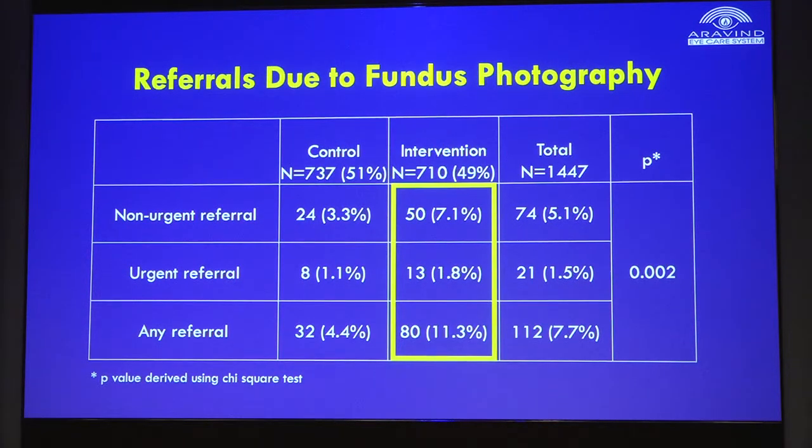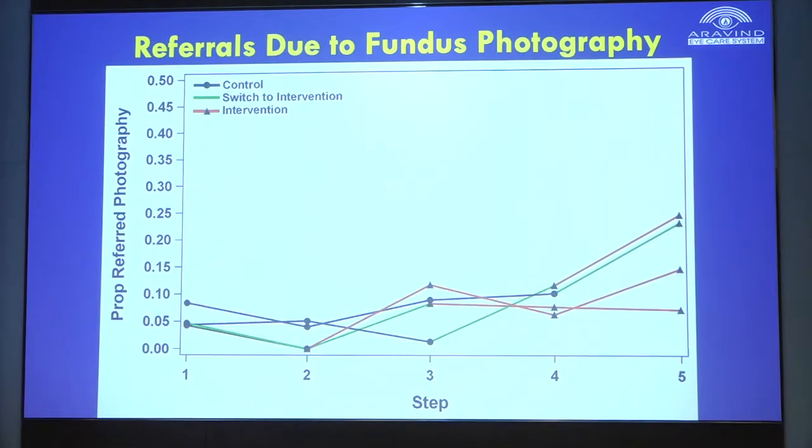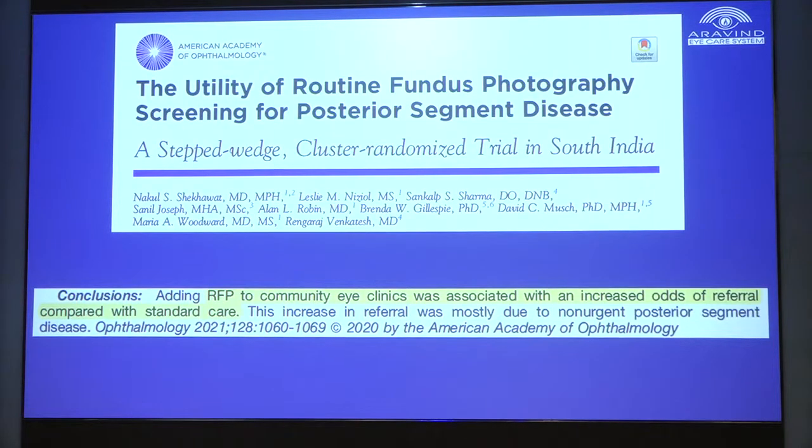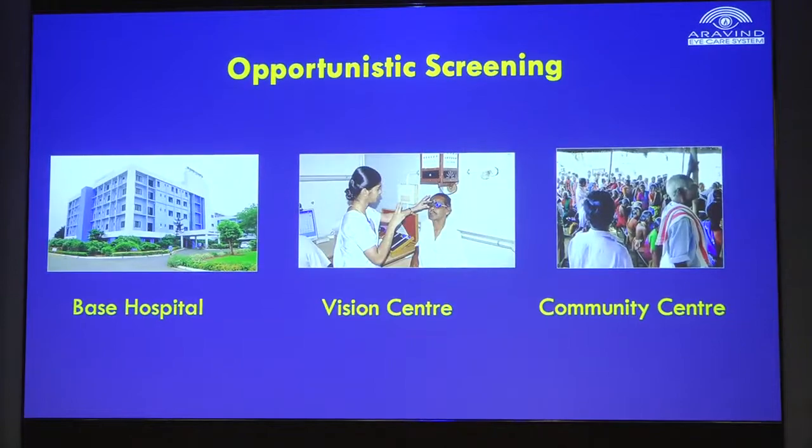But the non-urgent, which are the earlier cases which we want to find and start creating awareness or start treating, significantly increased between these two groups. So we went on to publish this work some time back, and we said that it's good to fundus image, because technicians are good, but they can miss some of these conditions. So it's good to image, and these images will really help the teleconsultation part.